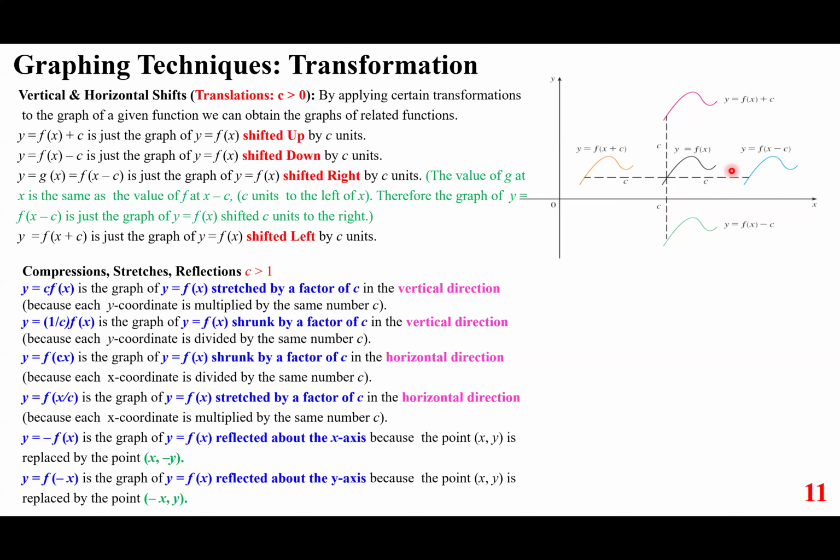So y equals f of x plus c has been shifted up by c units. F of x minus c has been shifted down by c units. F of x minus c has been shifted to the right by c units, and f of x plus c has been shifted left by c units, assuming c is positive.